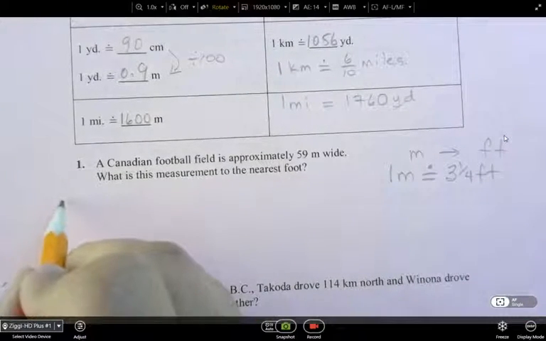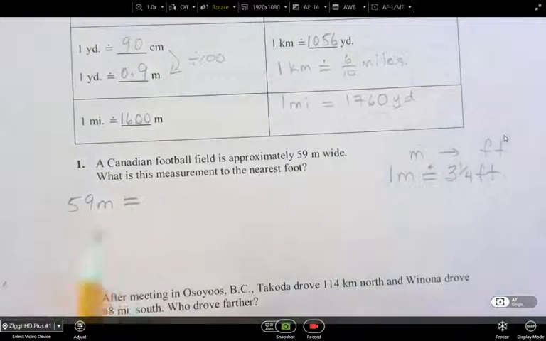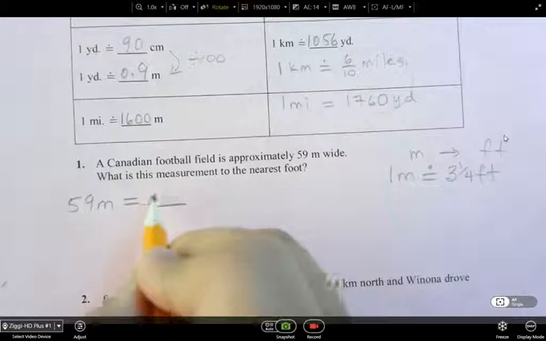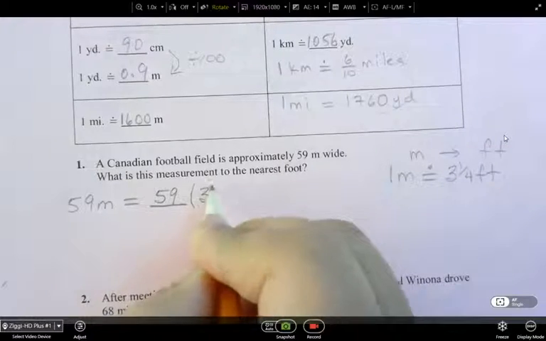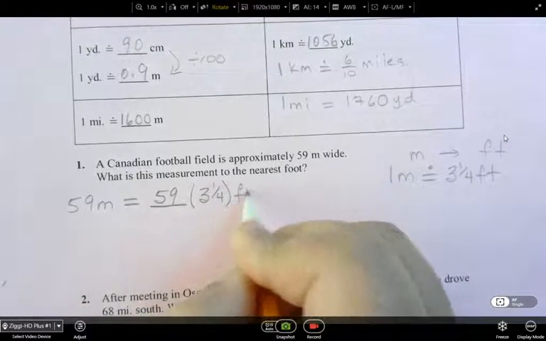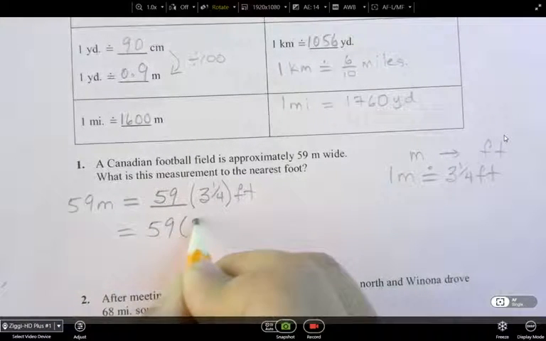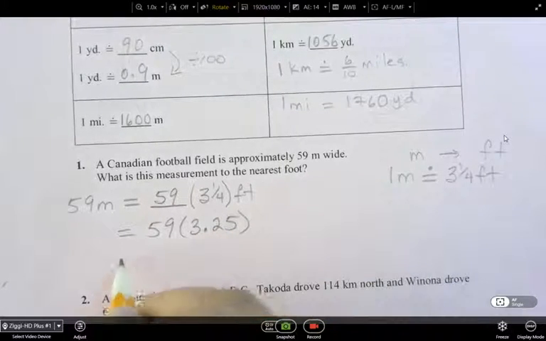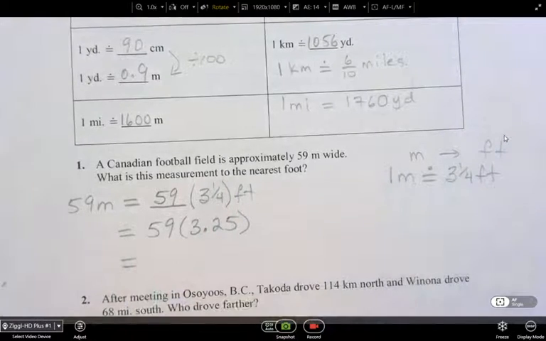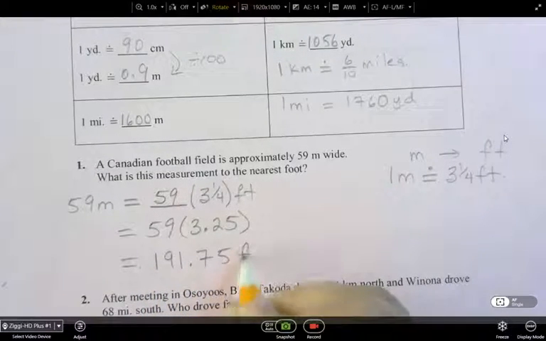So I've got 59 meters, and in order to change this to feet, what do I need to do to this 59 meters? I need to multiply it by 3 and a quarter feet, right? If I'm using my calculator, I can change the 3 and a quarter to 3.25 and then I get 191.75 feet.